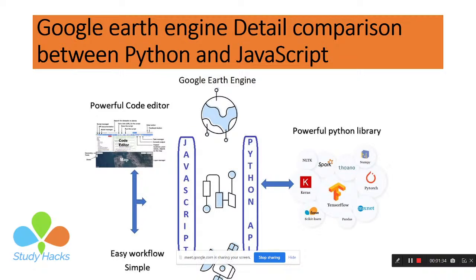So it is very easy to develop our model using machine learning or deep learning in Python, using the Google Earth Engine platform. But it is very difficult in JavaScript when you want to work with machine learning using TensorFlow or Keras. It's not available in JavaScript. When you work with Python, you can easily use different machine learning libraries: TensorFlow, Keras, Scikit-learn, Pandas, NumPy.